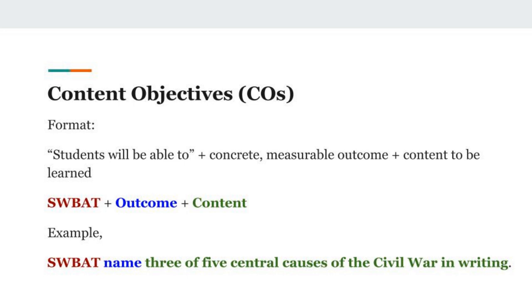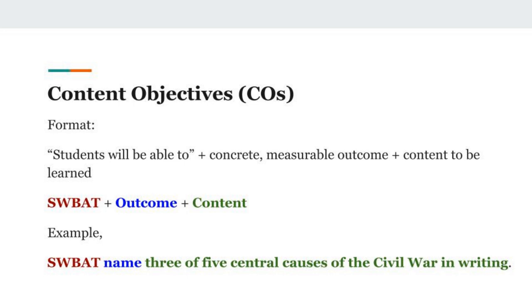Let's take a look at an example. This content objective has been developed for a lesson about the history of the United States, specifically about the Civil War.